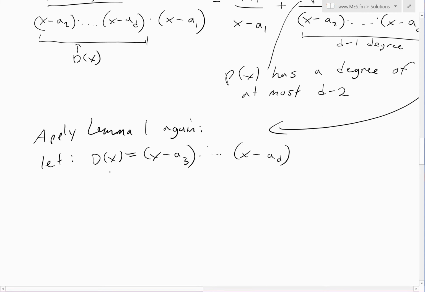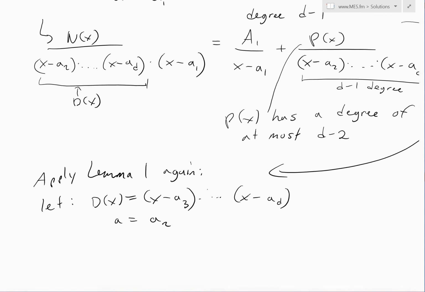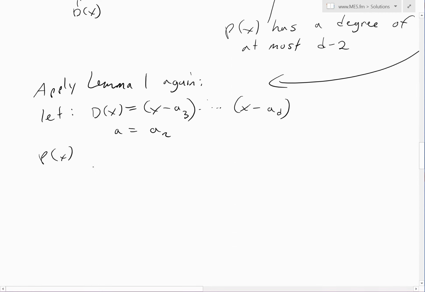And let a equal a2. So we keep doing this, and we get p of x on the top, divided by x minus a3 times all the way until x minus a d, and now we have an x minus a2.